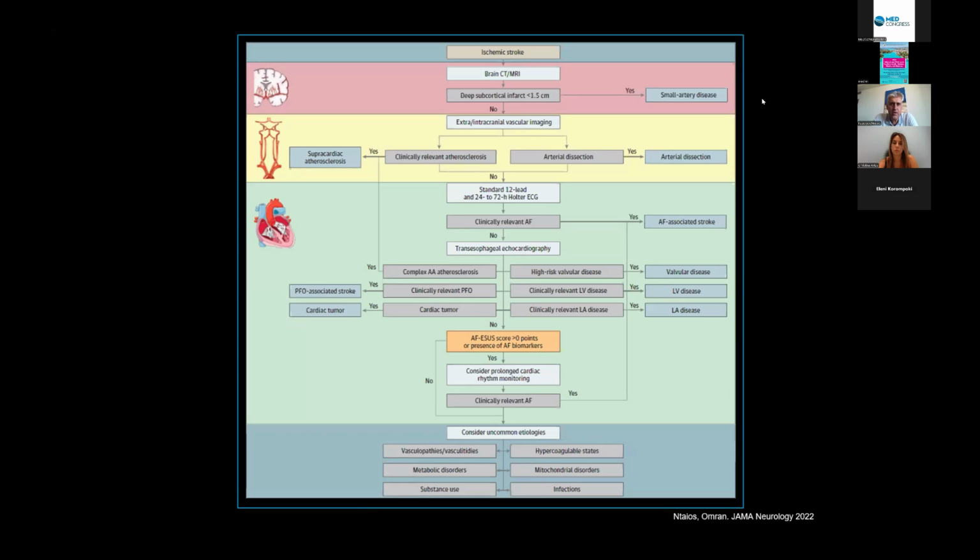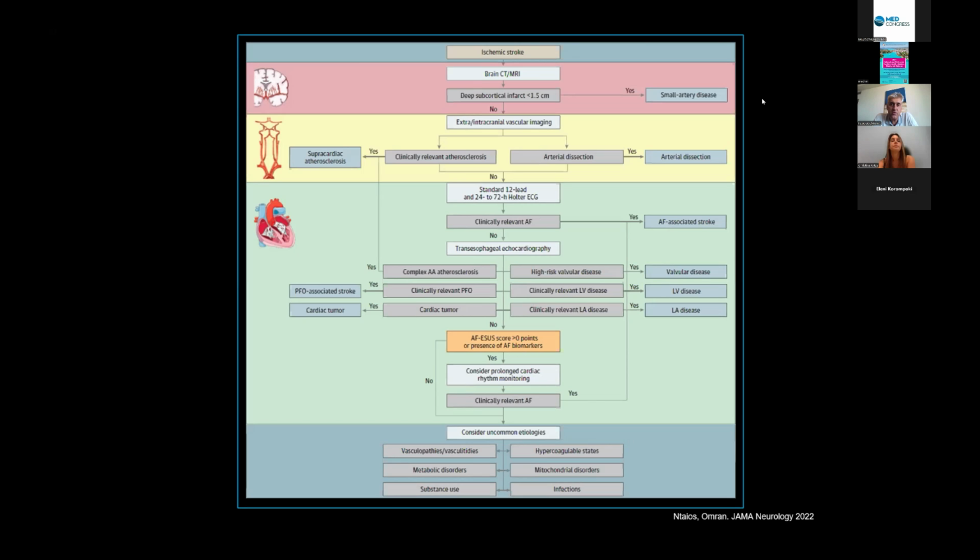The main two directions we would like to look at are whether this stroke is caused by embolism, something which started from the heart or the arteries of the patient and moved to the brain and obstructed an artery, or whether this stroke is not of embolic origin and is due to a specific disease happening inside the brain arteries, which is called small artery disease. I'm not going to go into this discussion.